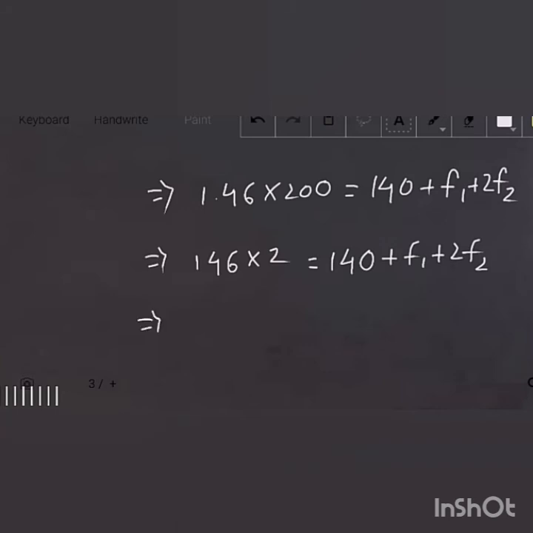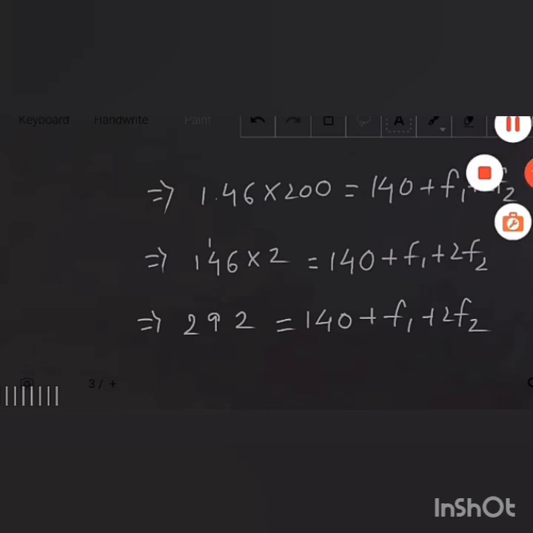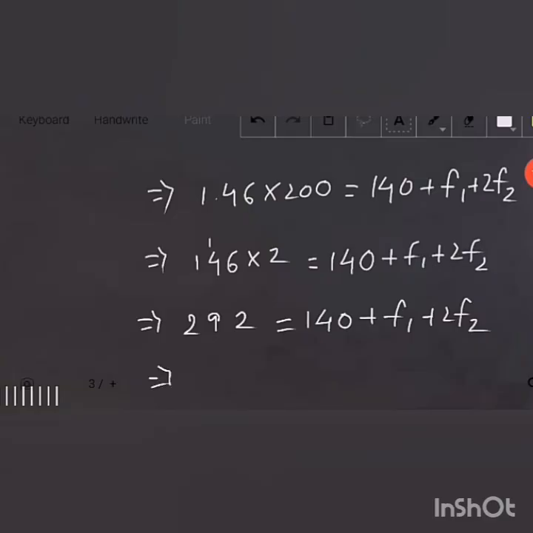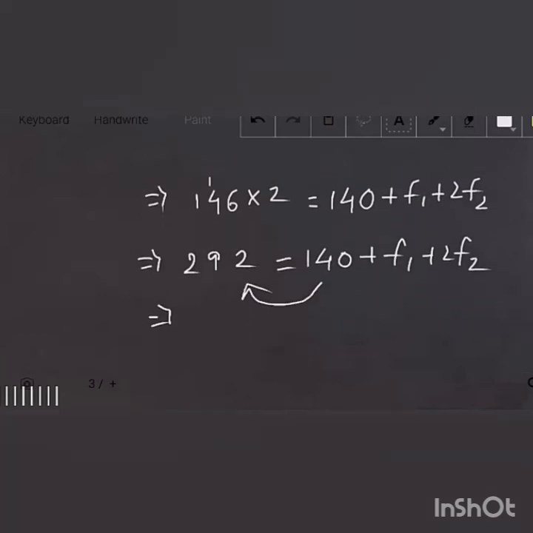Taking 140 to the other side, we get 292 minus 140 equal to f1 plus 2f2.